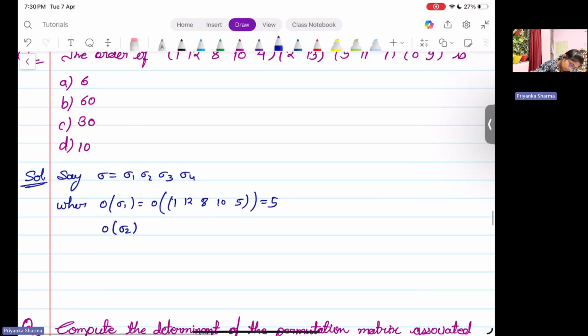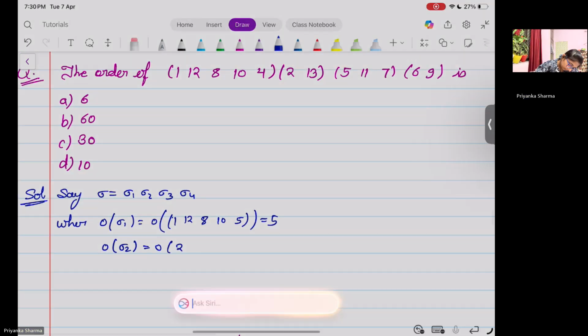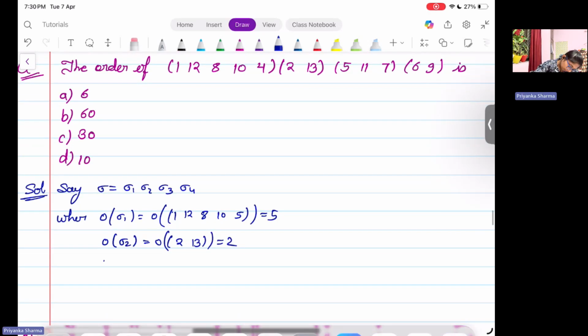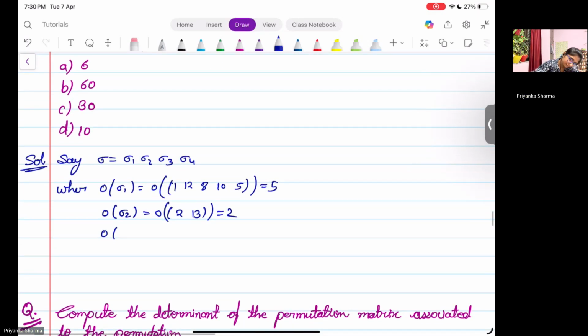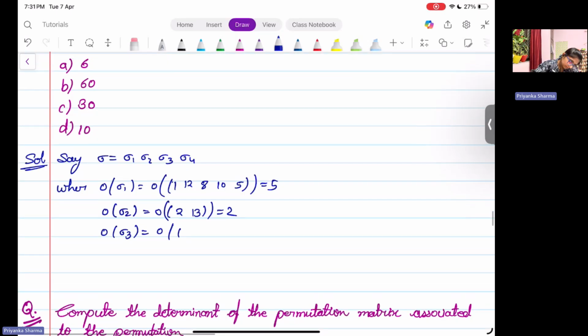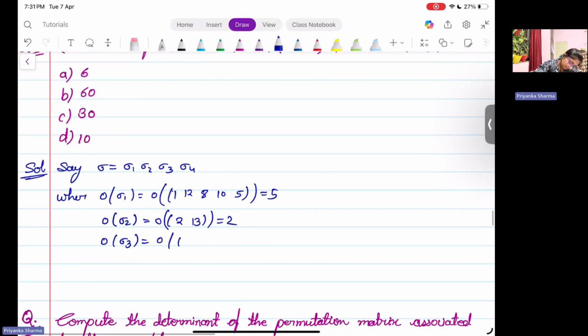Order of sigma 2, that is the order of 2 and 13 here, that is 2. Order of sigma 3 is the order of 5, 11, 7. That is 3.